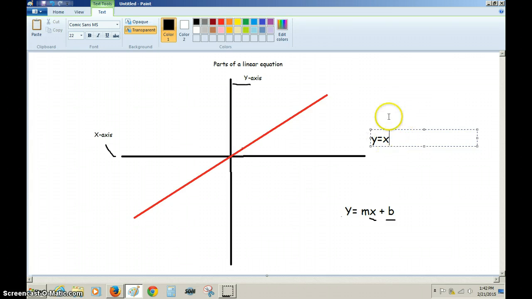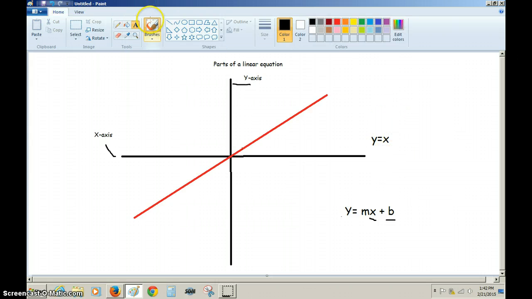Y is equal to x is our equation. Believe it or not, this equation is in the same format as y equals mx plus b. It's just that m was 1, so 1x is the same thing as just saying x. And then the y-intercept right here was just 0, so b would be 0. There's no point in just writing x plus 0 like that. So the equation right here would just be y is equal to x.